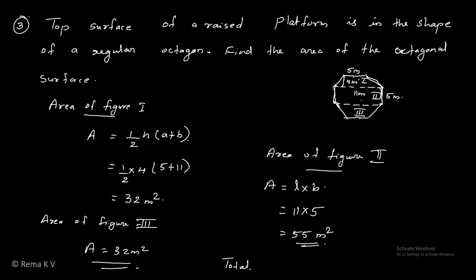So the total area is equal to 32 plus area of figure 1 plus area of figure 2 plus area of figure 3. So it is equal to 119 meter square.